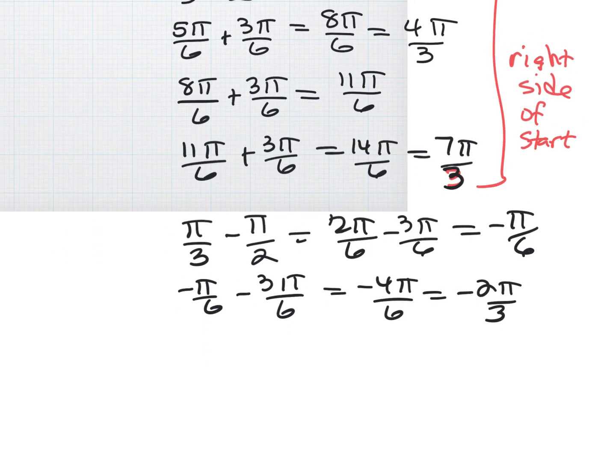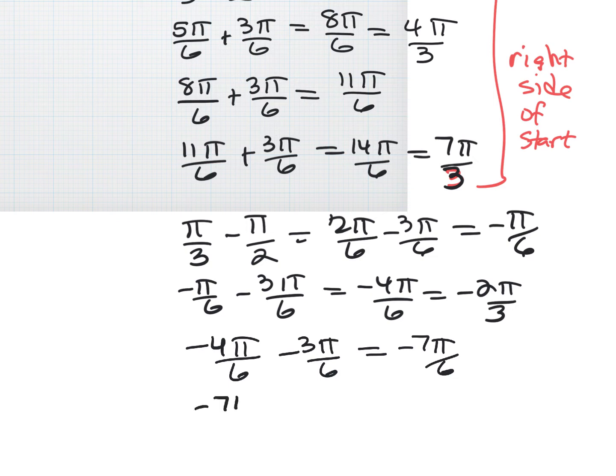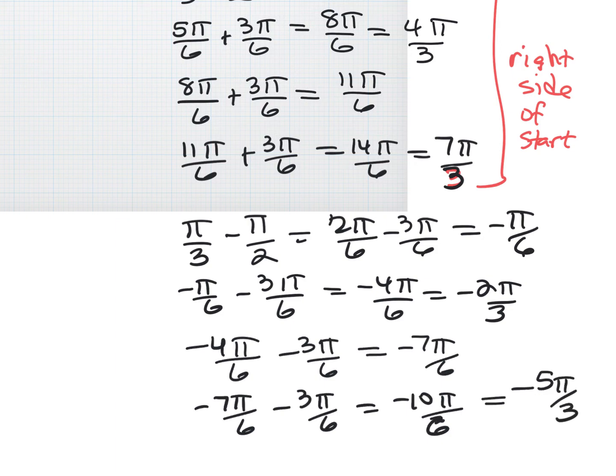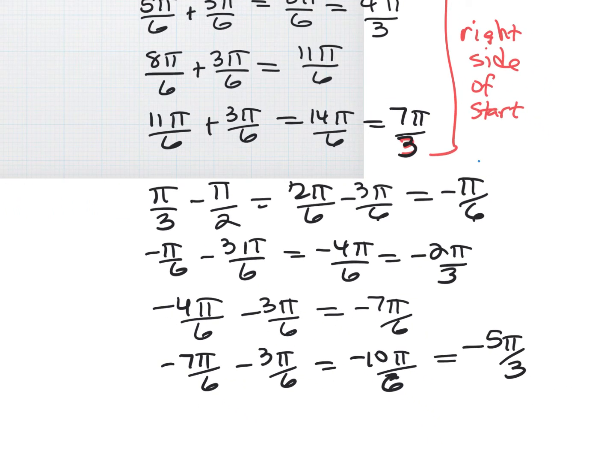Again, I'm going to take the unsimplified, subtract 3 pi over 6 again, negative 7 pi over 6, and then one more, negative 7 pi over 6 minus 3 pi over 6, negative 10 pi over 6 gives me negative 5 pi over 3. Now I have 4 points to the left of the starting point.